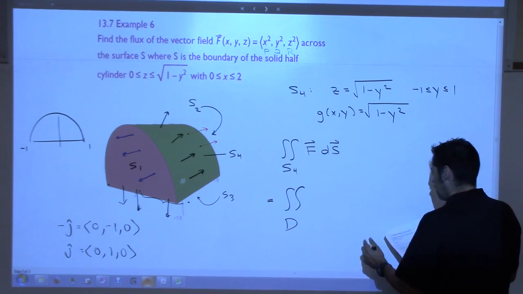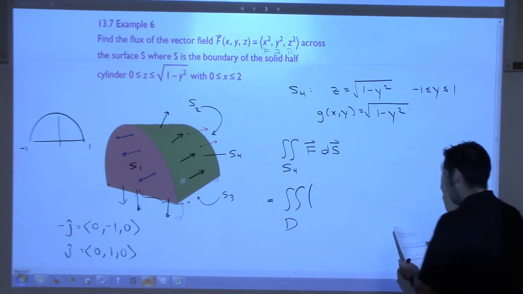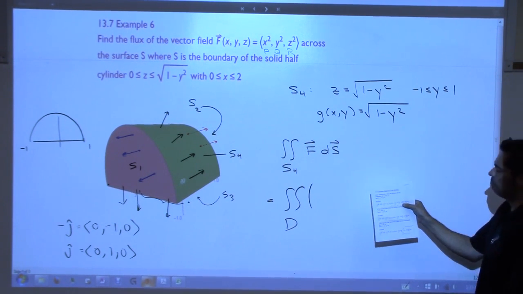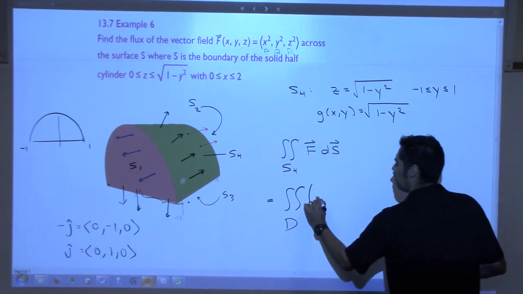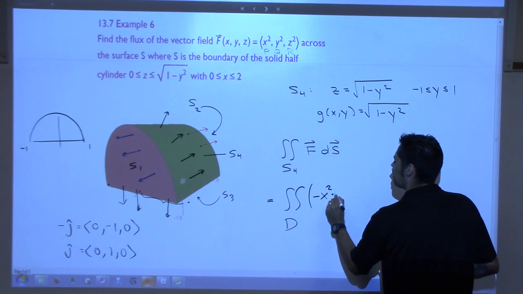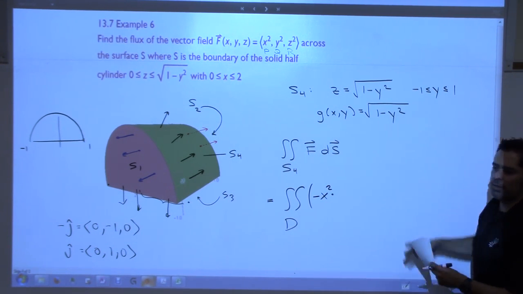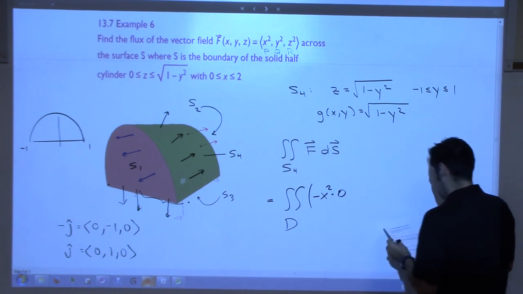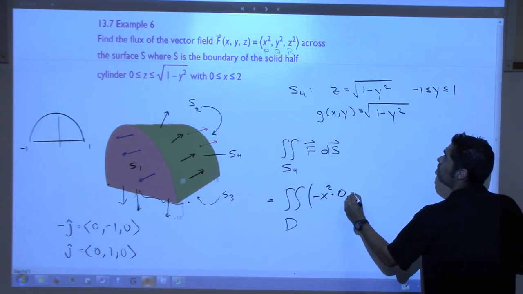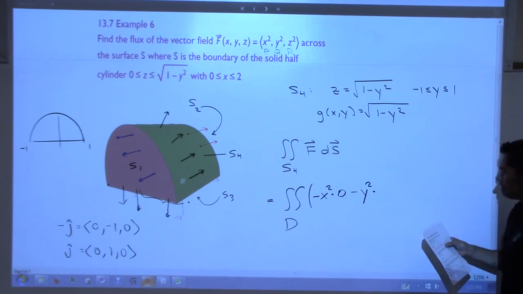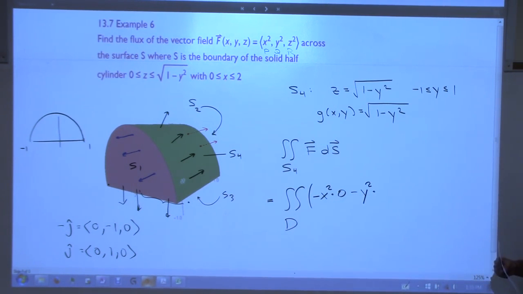And I'm going to be doing here negative P, which is negative x squared, times the partial of g with respect to x, which is 0, there is no x in there, okay, minus Q, minus y squared, times the partial of g with respect to y.